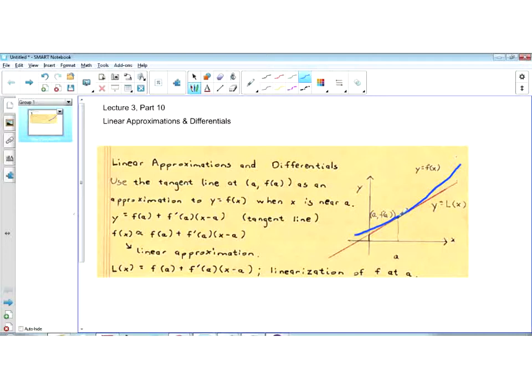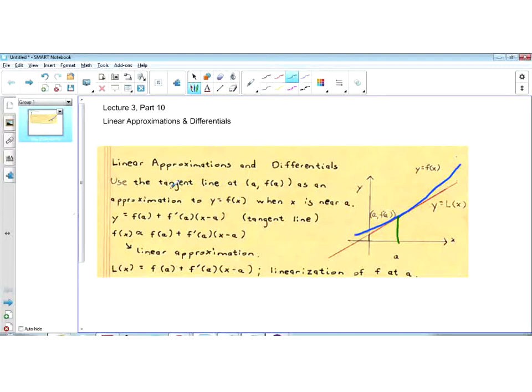But with this function, we'll assume that it's differentiable, say at x equals a, right here. And so the point a, f of a is on the graph, and then if it's differentiable at x equals a, then of course we can find the equation of a tangent line, shown in red, to the function y equals f of x at x equals a.